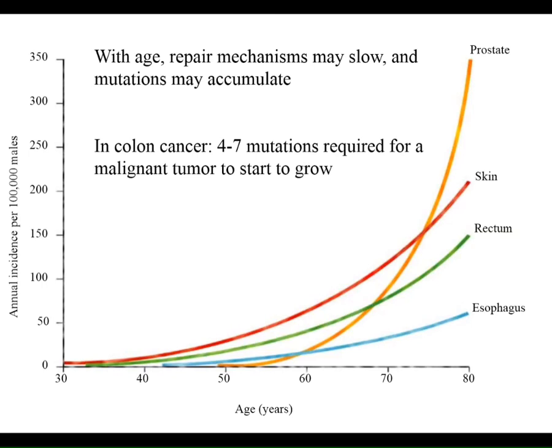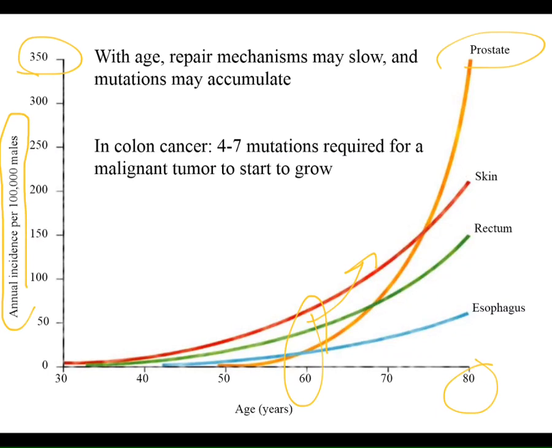Here's a representation of cancer in men with age. Across the bottom we have age. On the side we've got the incidence per 100,000 of males for different cancer types. At age 60, we start to see cancer rising, and by the time a person gets to 80, it's not like everyone, but 350 out of 10,000 will be having prostate cancer.